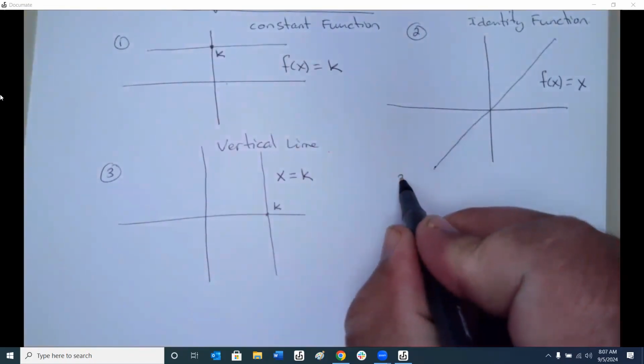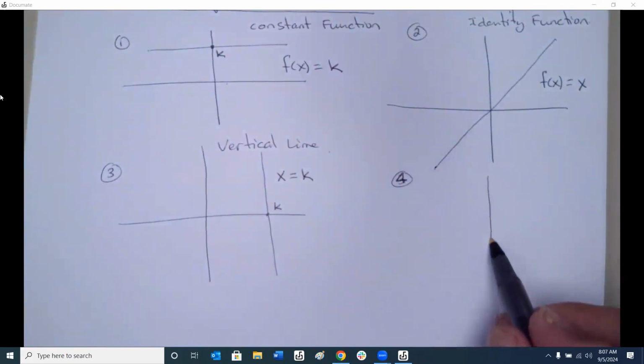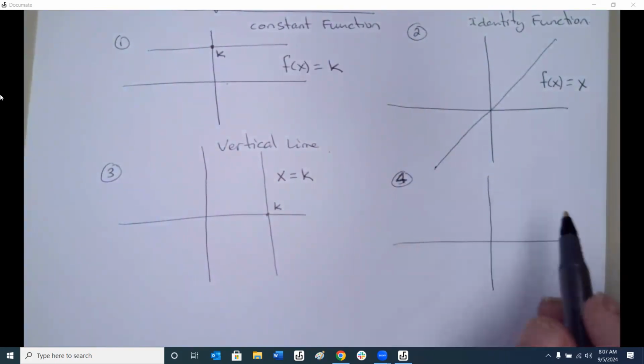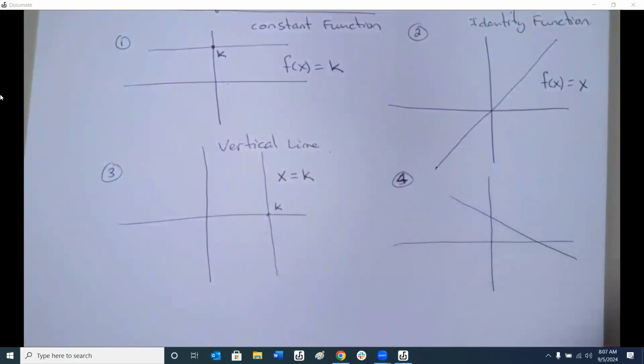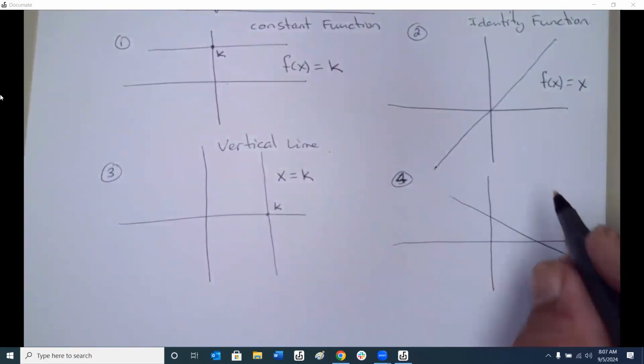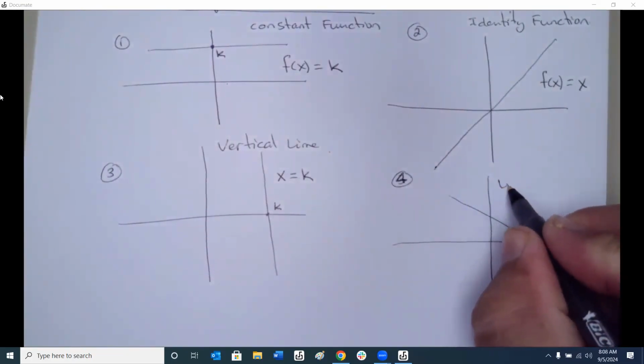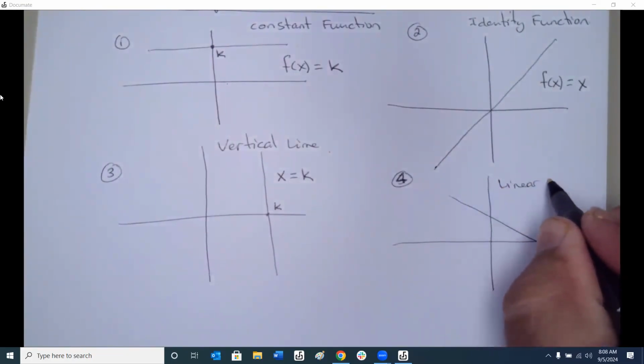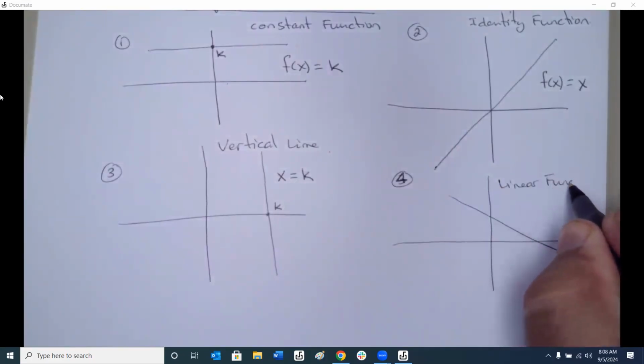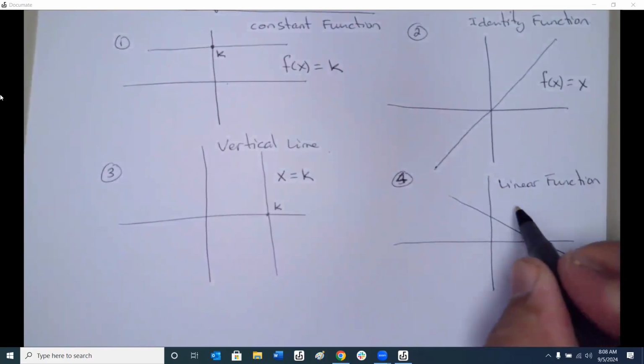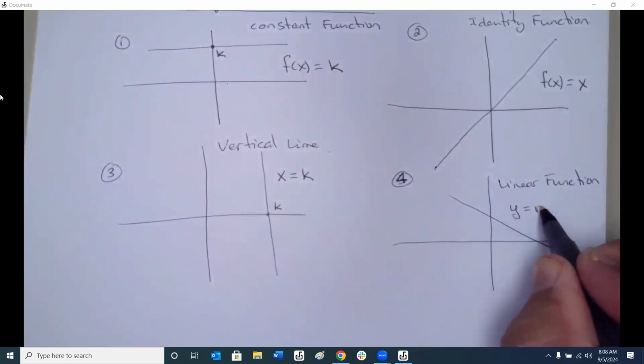And the last one is 4, all other functions. And that looks like this.